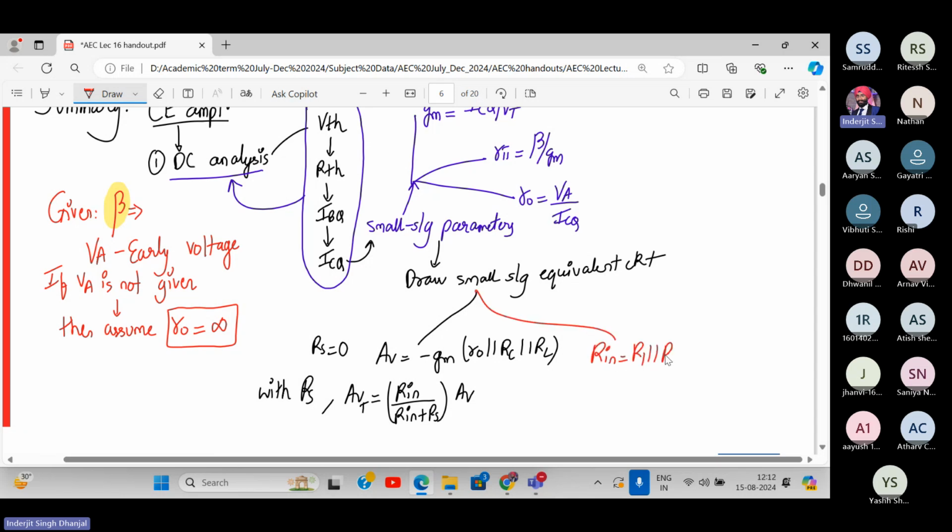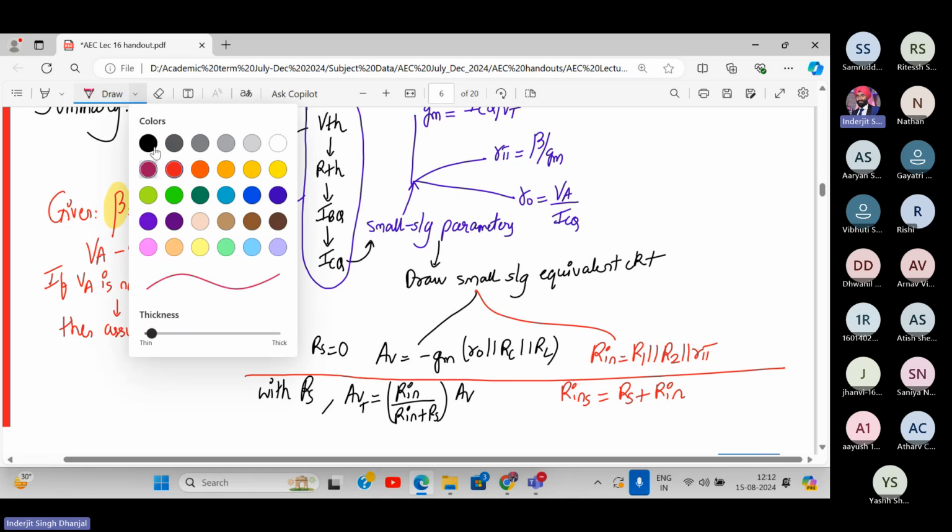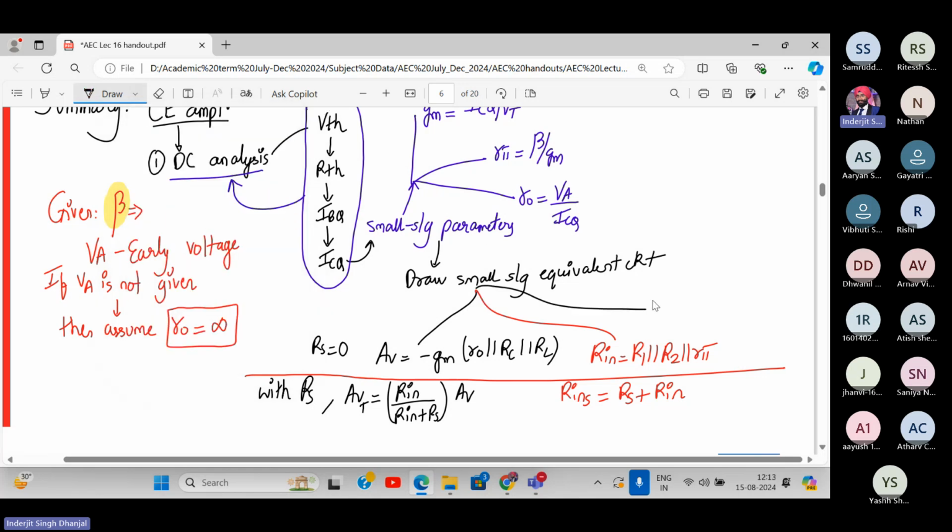R1 parallel to R2 parallel to R pi. Now, if we have been given the value of Rs, then what is the formula? RNS. It will be Rs plus Rn, this value of Rn. Then the last thing we need to find out is R out. What was the formula? RO, small RO, parallel to RC parallel to RL.